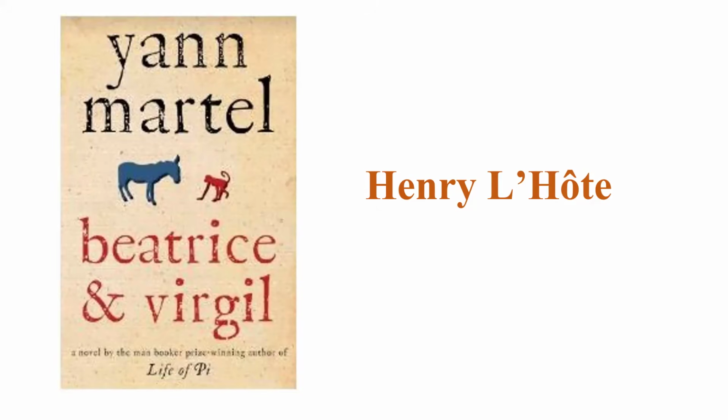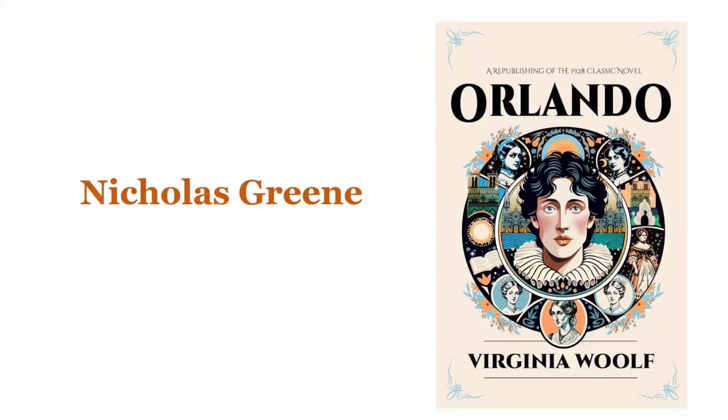But once you fall in love with Life of Pi, you can read Yann Martel's Beatrice and Virgil, which is a different take. So here we have a fictional writer called Henry L'Hote. Then in the option, we have a fictional writer, Nicholas Greene. Actually, Nicholas Greene comes in Virginia Woolf's novel, Orlando.